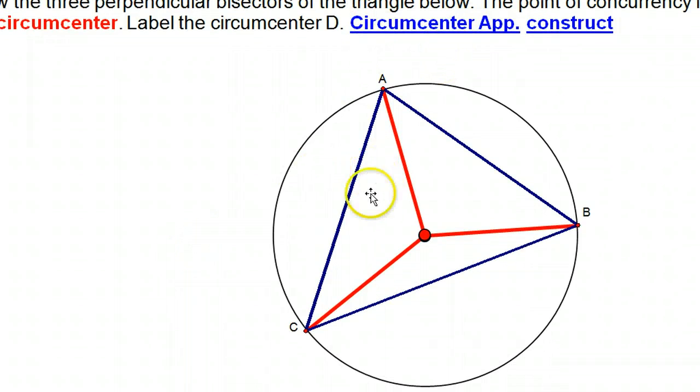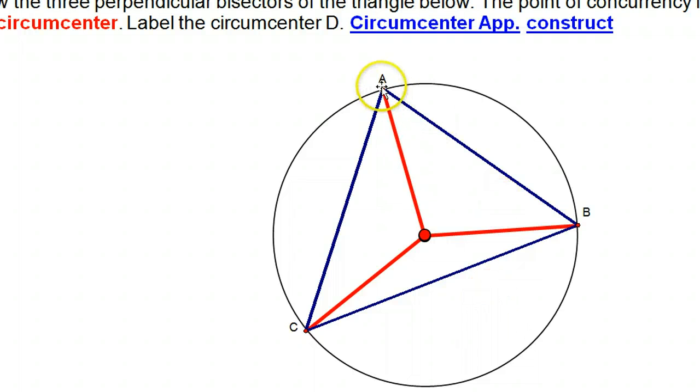Now, a circle has one center. If I say look at the center of the circle, everybody knows what I'm talking about. But if we want to talk about the center of a triangle, it depends on what you mean. There are several different ways of talking about the center of a triangle, and we're going to talk about one of them right now. One way of thinking of the center of a triangle is if you draw a circle through the vertices of the triangle.